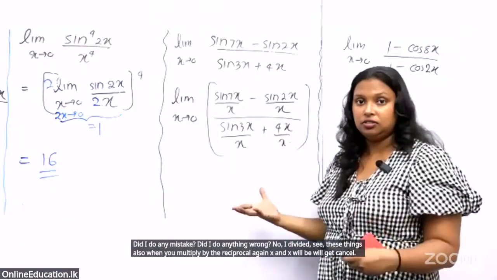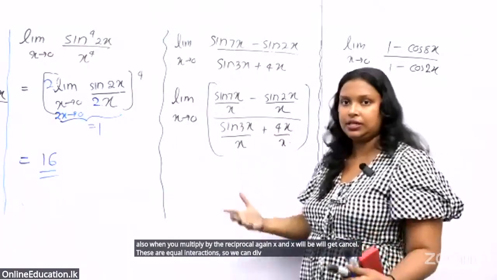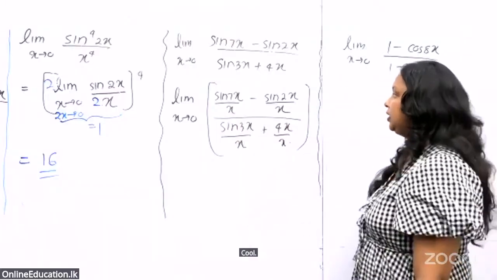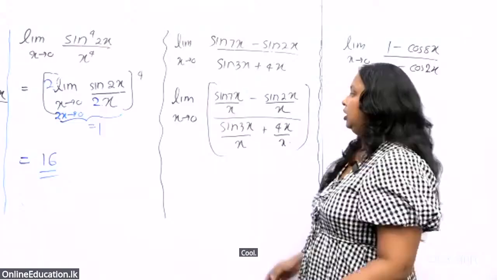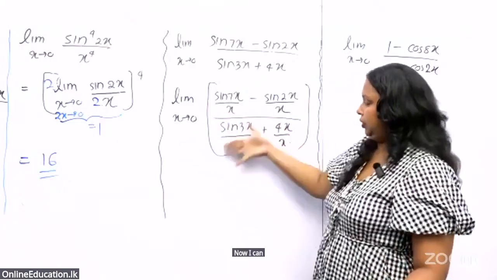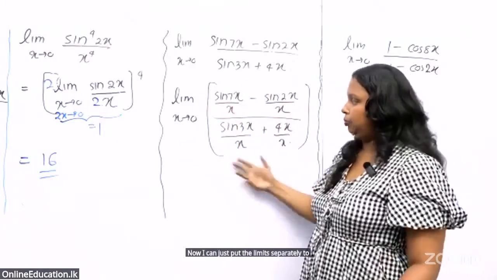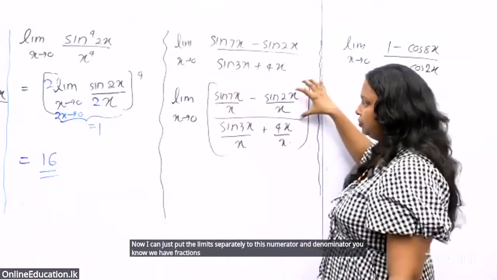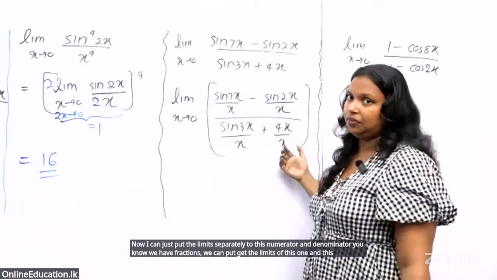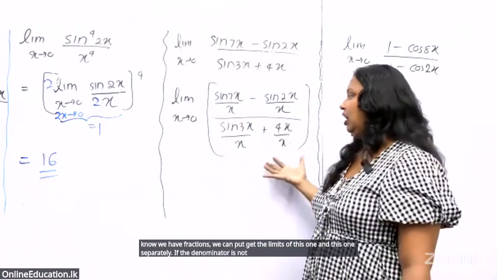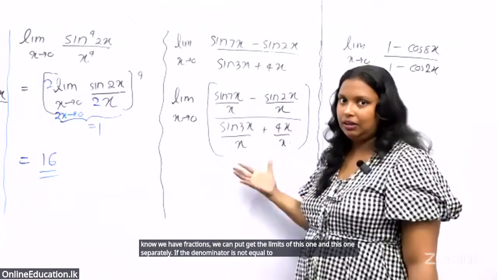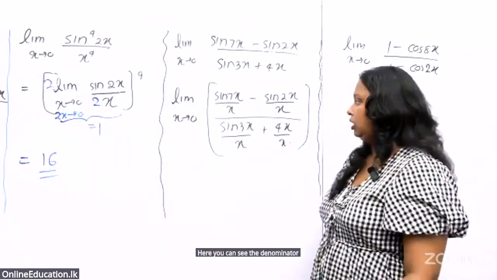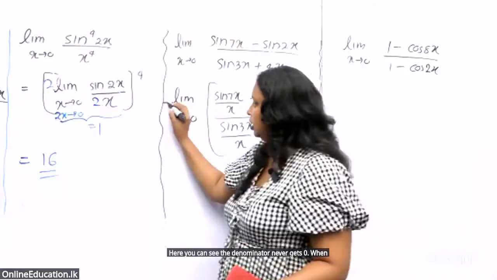These are equivalent fractions, so we can divide both numerator and denominator by the same number, no problem. Now I can put the limits separately to the numerator and the denominator. We have fractions, so we can get the limits of this one and this one separately if the denominator is not equal to 0.